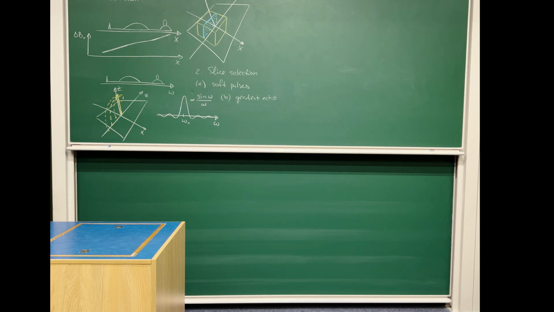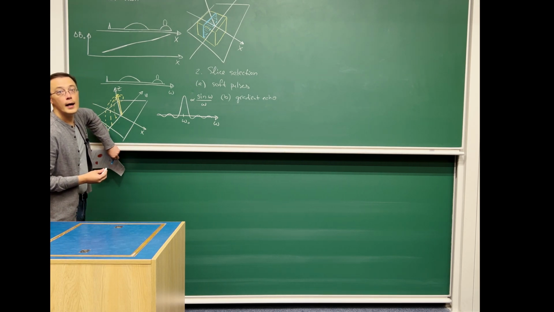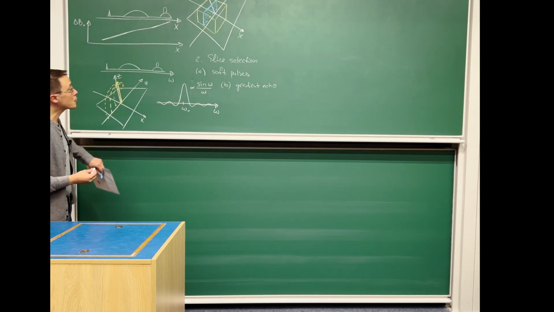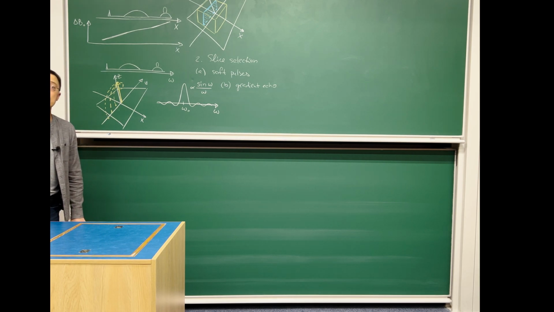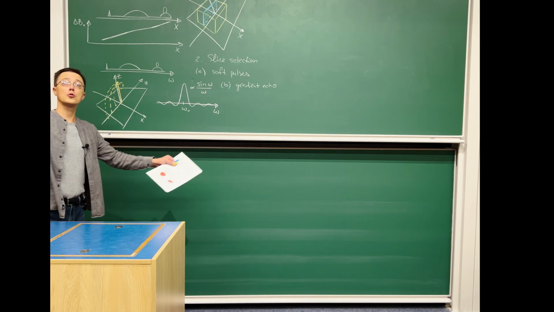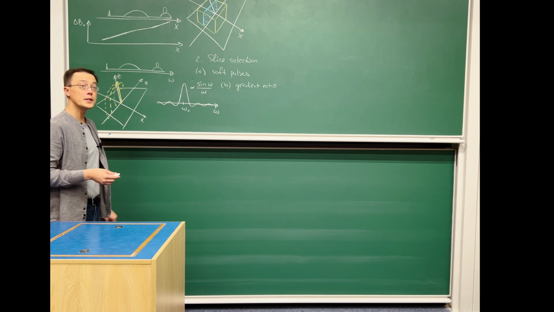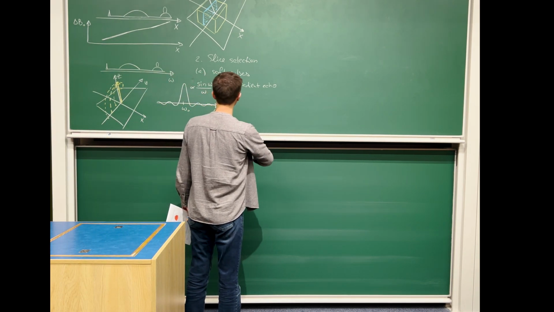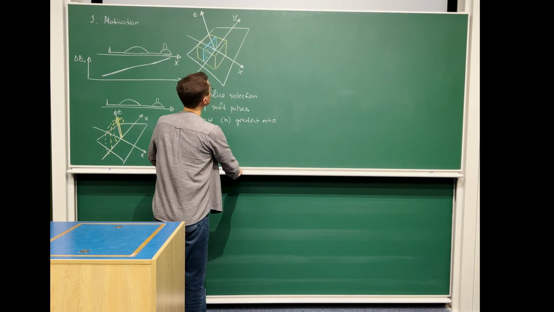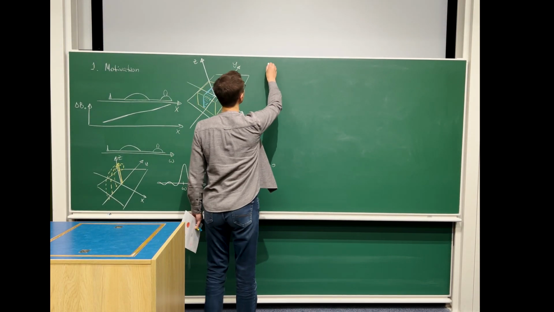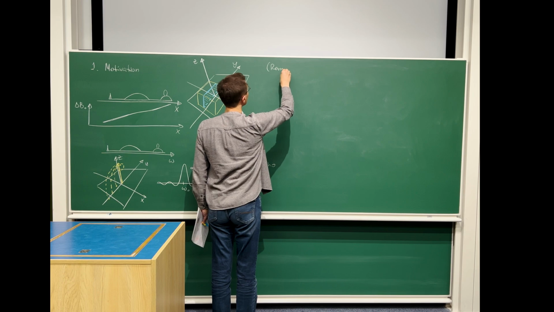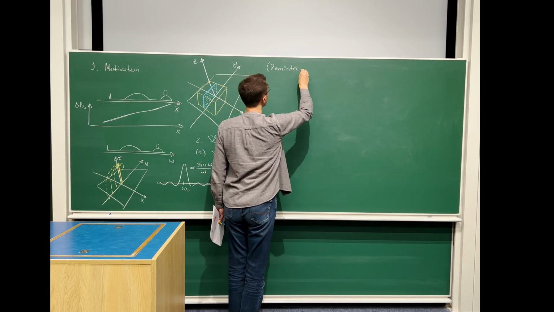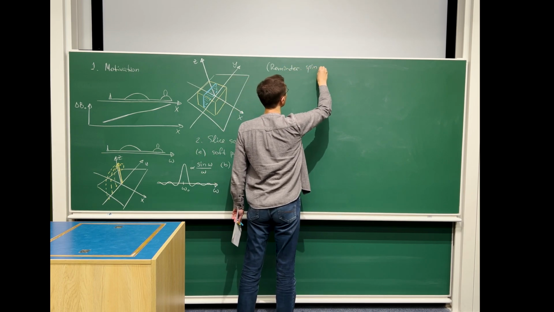When we had a heterogeneous sample, spins in it precessed at different frequencies, and we had to take some special measures to recollect those spins, otherwise they just go out of phase and all signal is lost. So I will remind you what we did when we dealt with the spin echo. So let's put a reminder here. Spin echo.